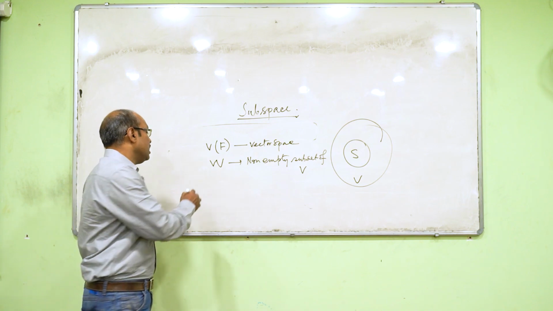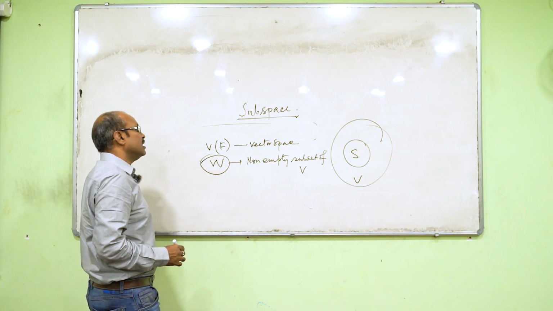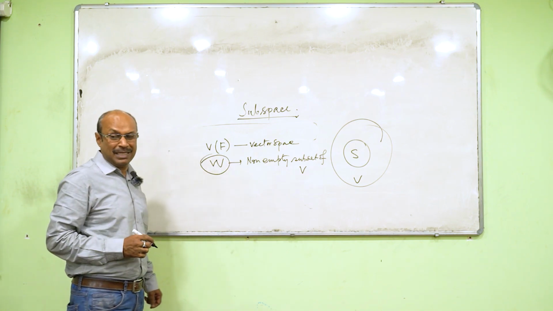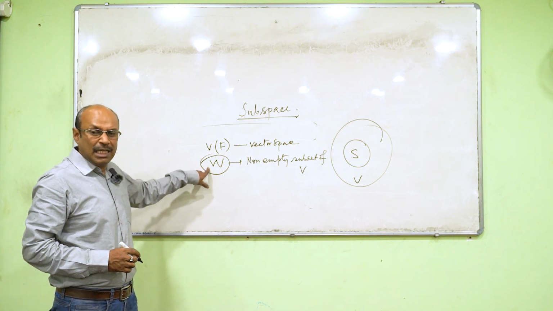Actually, if W is a subspace, then W must itself be a vector space.